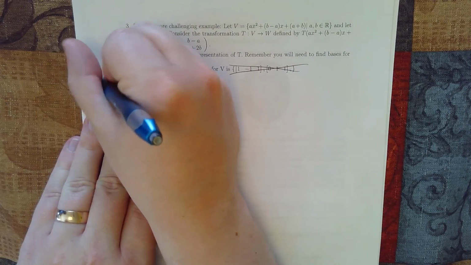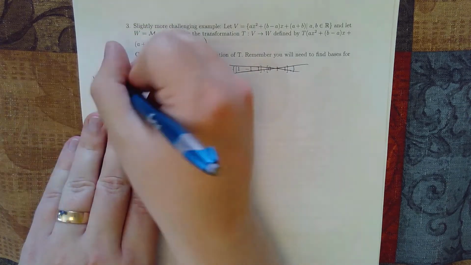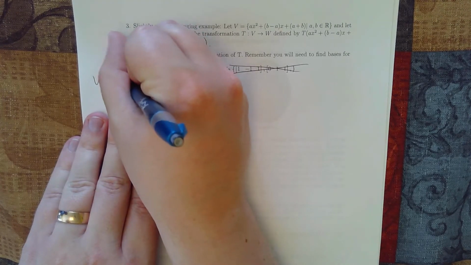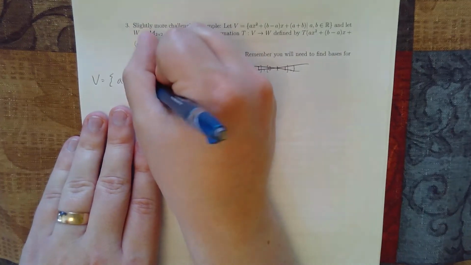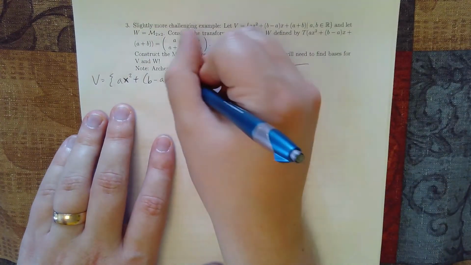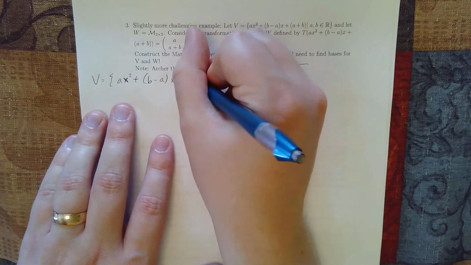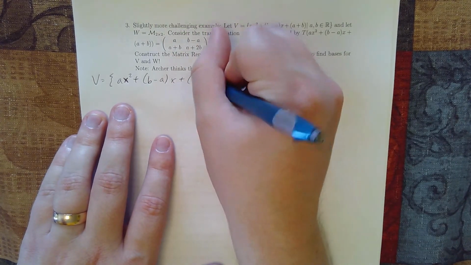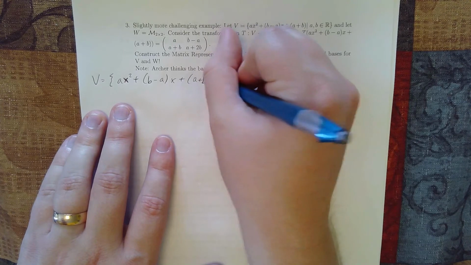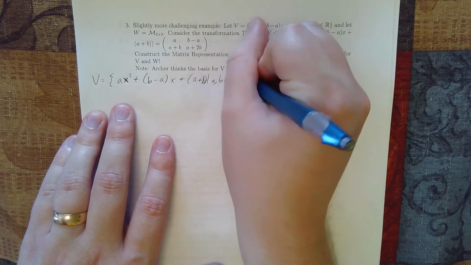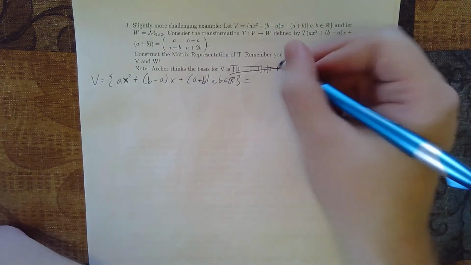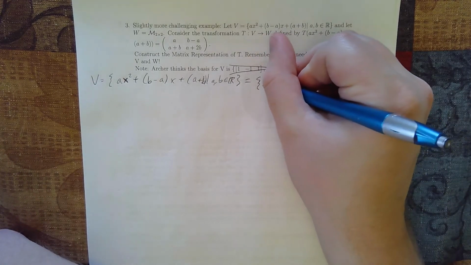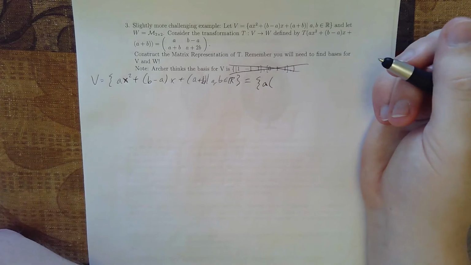So we say that V is the set of all ax squared plus (b minus a)x plus (a plus b), such that a and b are real numbers. What we'd like to do, since it's a subspace, is be able to find a way to write it as the span of some vectors. So I'm going to write it in terms of a times something and b times something.